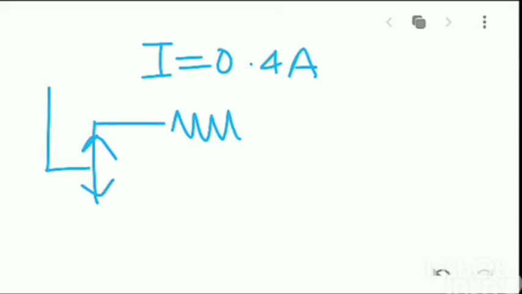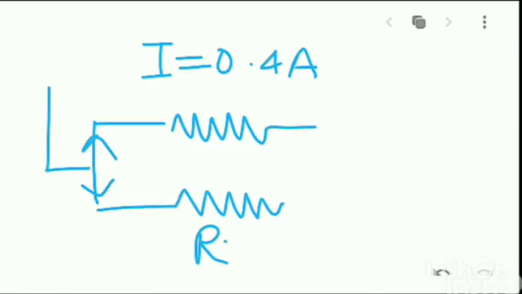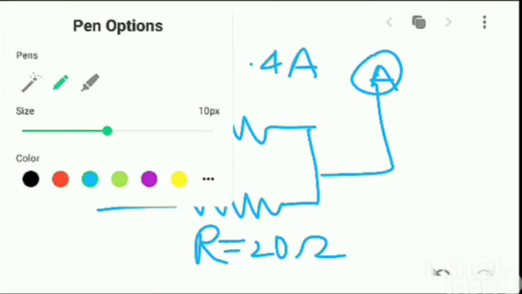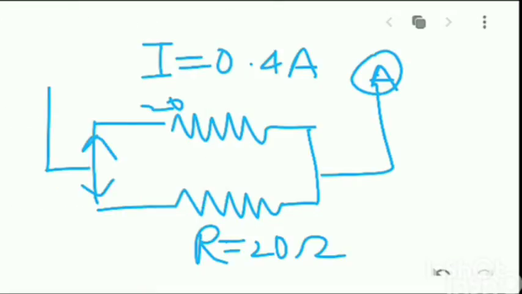One portion is passing through these 20 ohms and the next portion is passing through this R ohms, whose value we have just calculated to be 20, and this one is given 20. Next, it's going to the ammeter. Clear? So how to find out how much current is flowing through this R portion? We have to find this value of current I1.